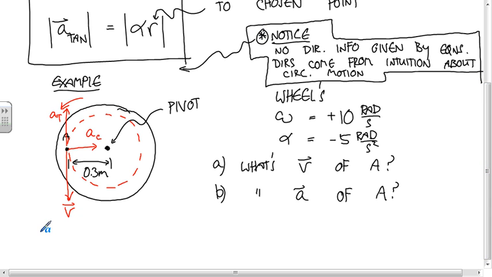And so the magnitude of the velocity is equal to 10 radians per second times 0.3. So you get 3 meters per second. What are the components of the velocity vector? It's in the negative y direction, so 0, -3 meters per second.